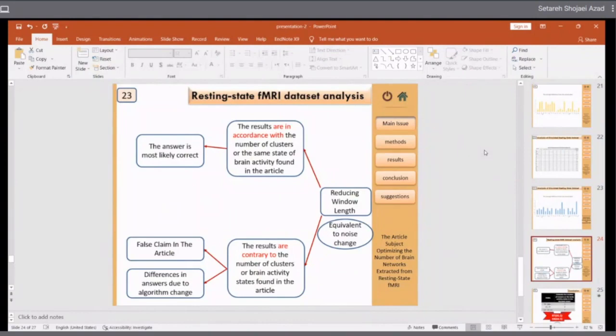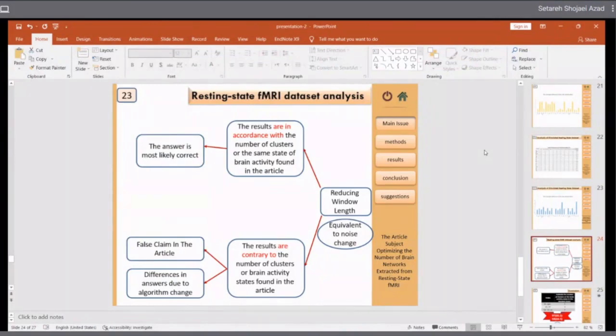It's just two slides. For real data, we don't know the noise level, so we can do this by reducing the length of the sliding window, which can be equated to changing the noise from low to high. If our evaluation index behaves the same as it did for simulation data at different noises, I mean different window lengths, then we can compare the behavior of this index on both types of data.